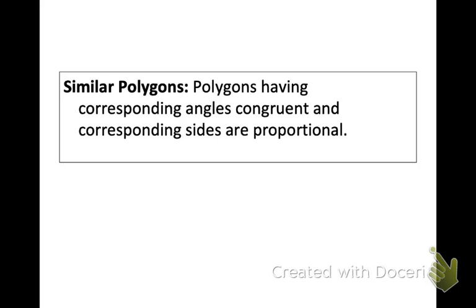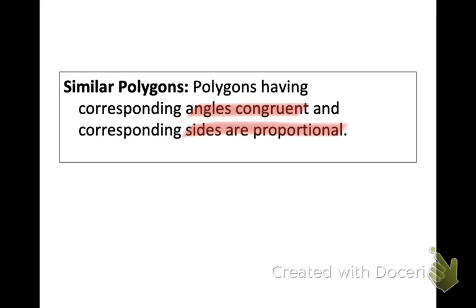Key things: angles are going to be congruent. You might want to underline that. Sides are proportional. Well, what does a proportion look like? Two ratios equaling each other, right?